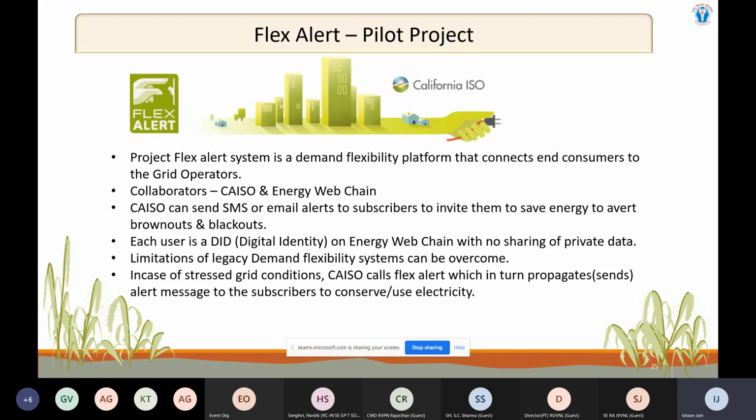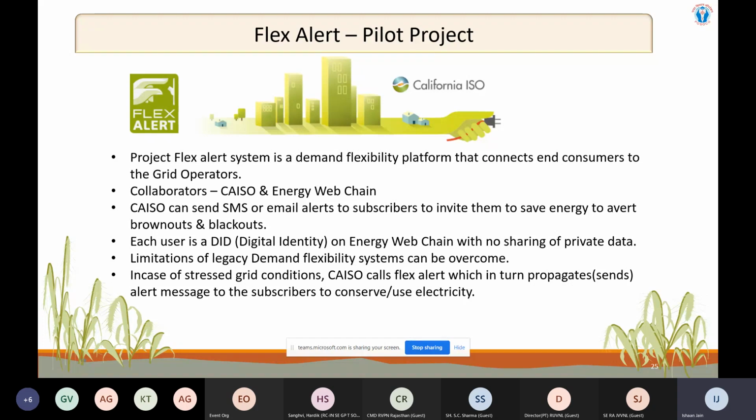You can have access to real-time market prices, real-time grid frequency, and also the load generation balance. For a small consumer, you need not go into all that technically.